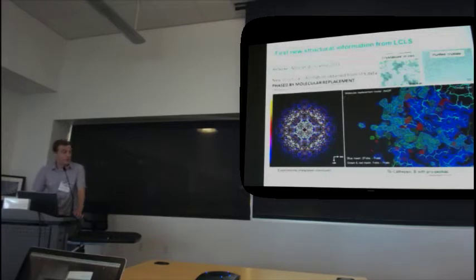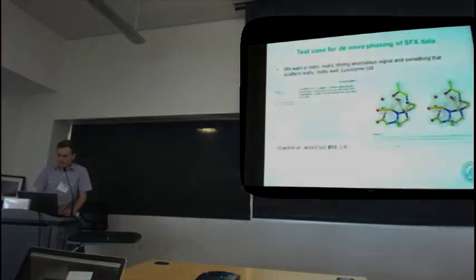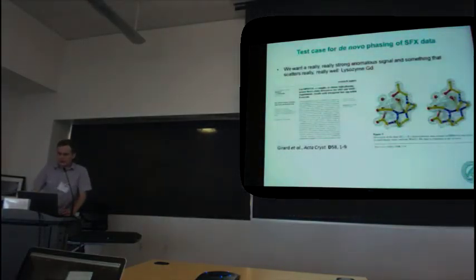But this was phased by molecular replacement. But what about the novel phasing in SFX, which was the question for a long time? So for the test case, for the novel phasing from SFX data that suffers from many sources of variations, we wanted a really strong anomalous signal and something that scatters really well.